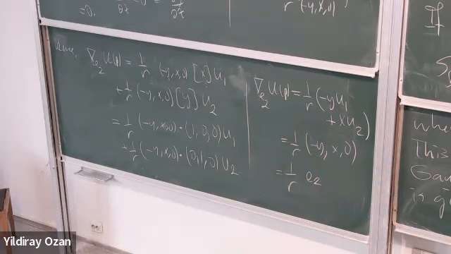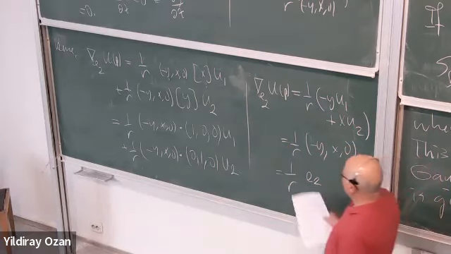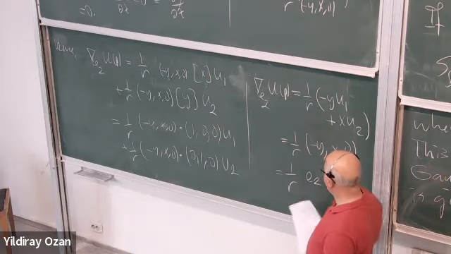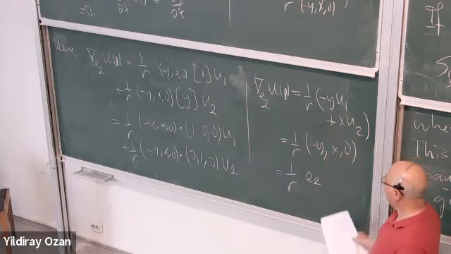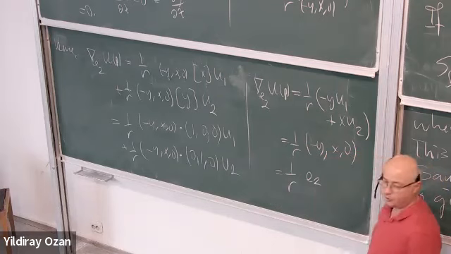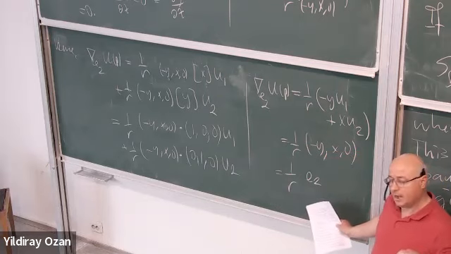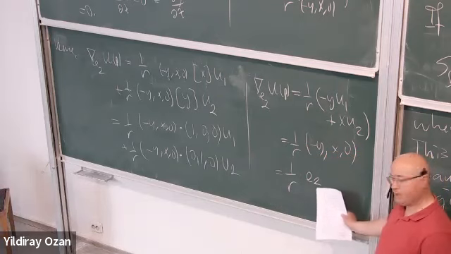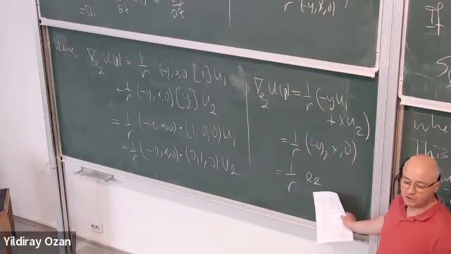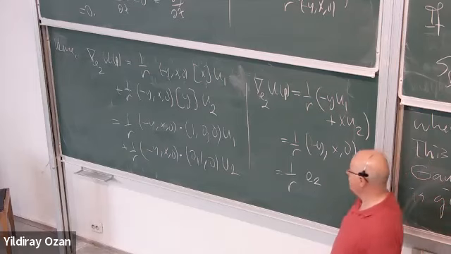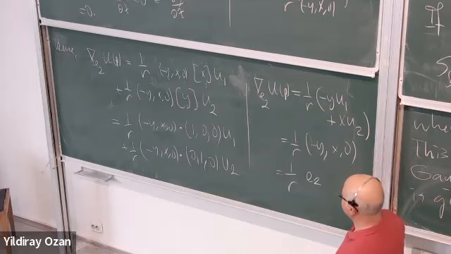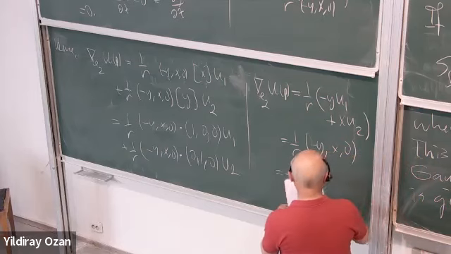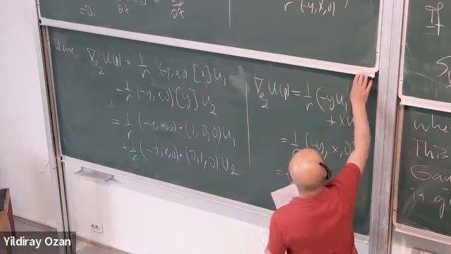Yes, okay. So derivative along E2 is just 1 over R times E2. It acts like scalar multiplication along this vector E2, right? It just changes its length.